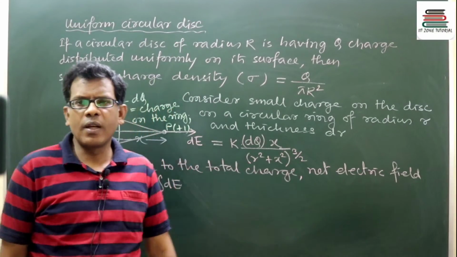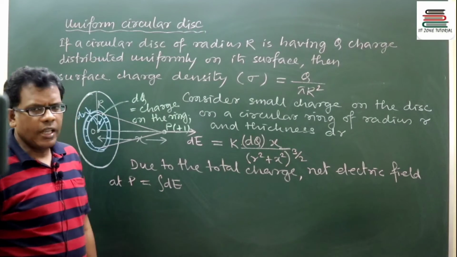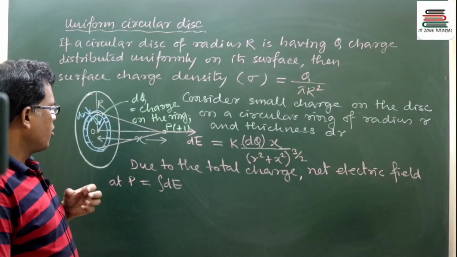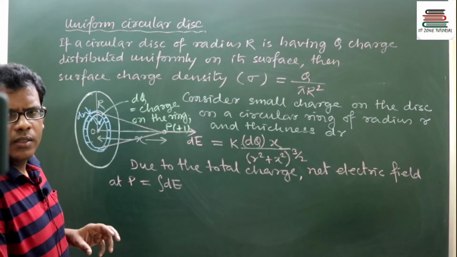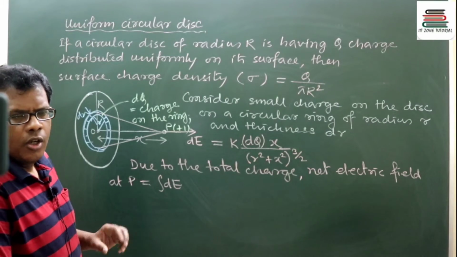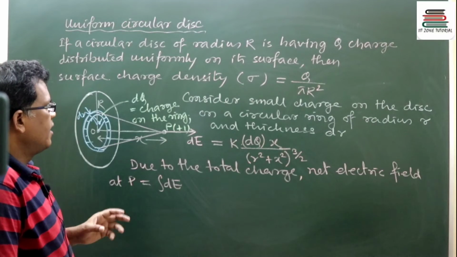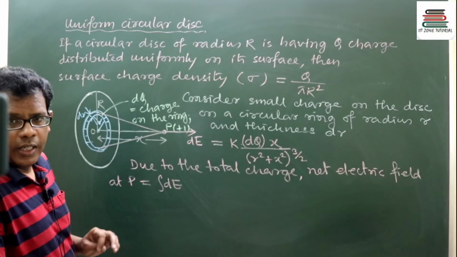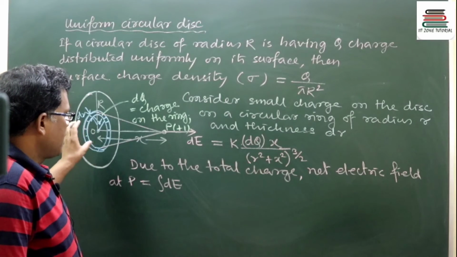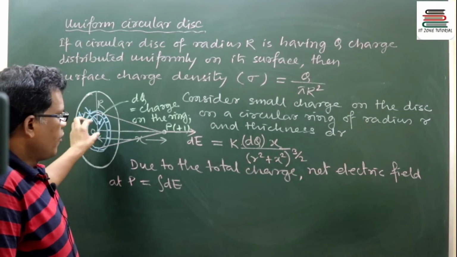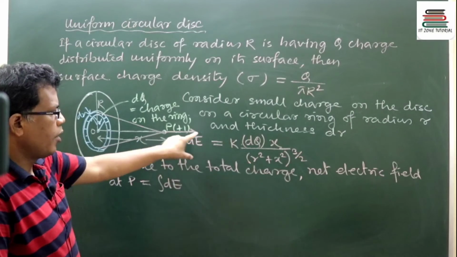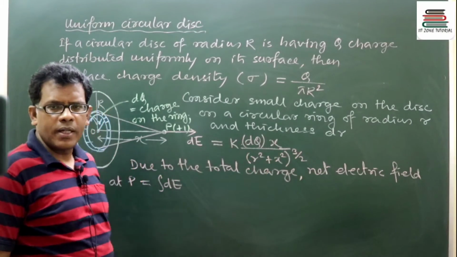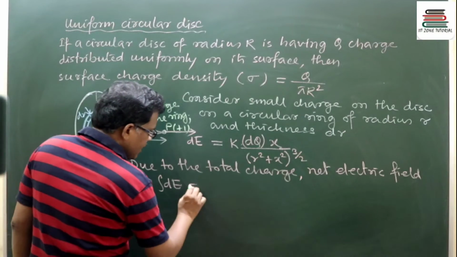Yes or no? Are you getting the process? If we know the result against the charge appearing on one ring, which is the element part, the smallest portion of the disk having the same surface charge density, then all such rings, with their different charges and different radii, will exert electric field at P always along the axis away from the center, following this format. So we will integrate this.